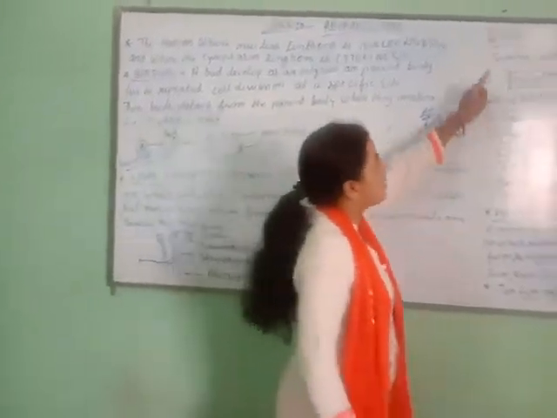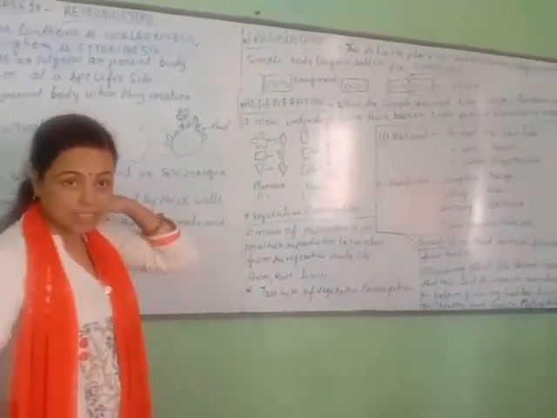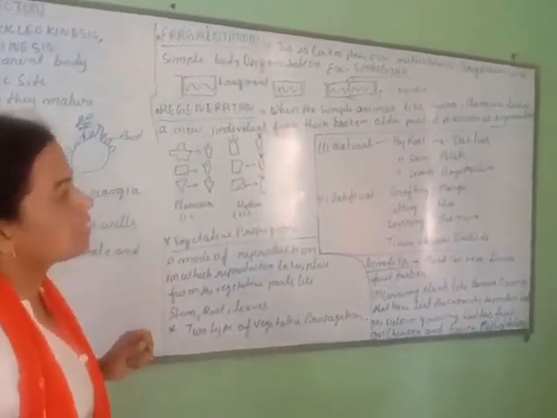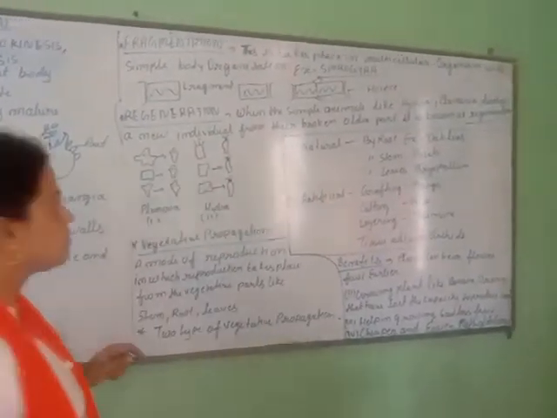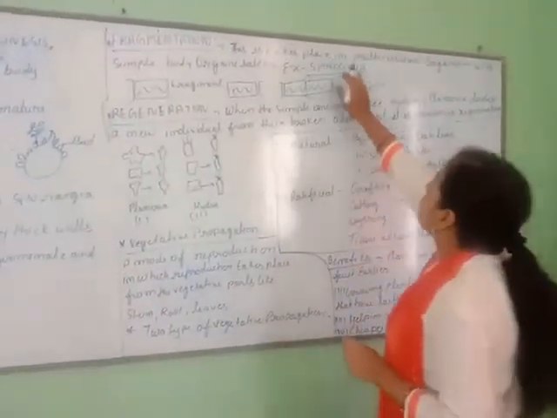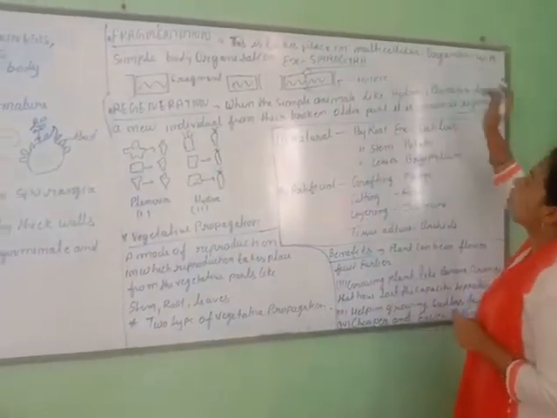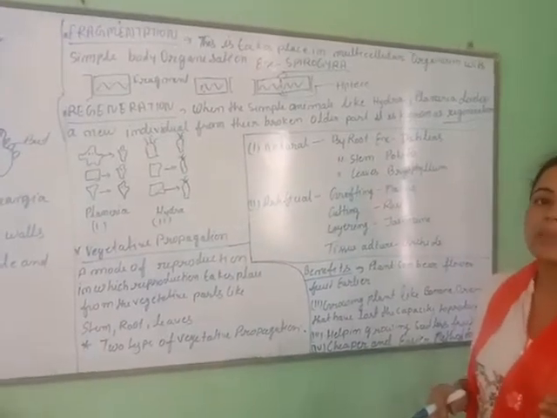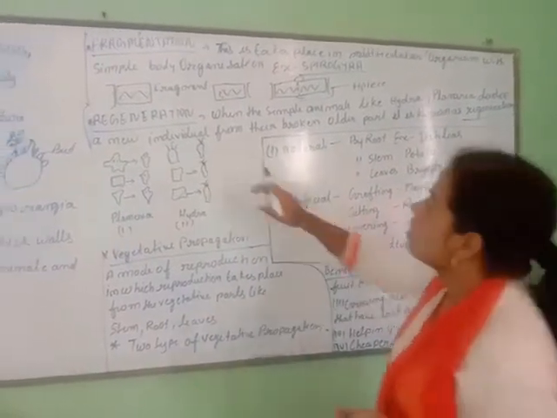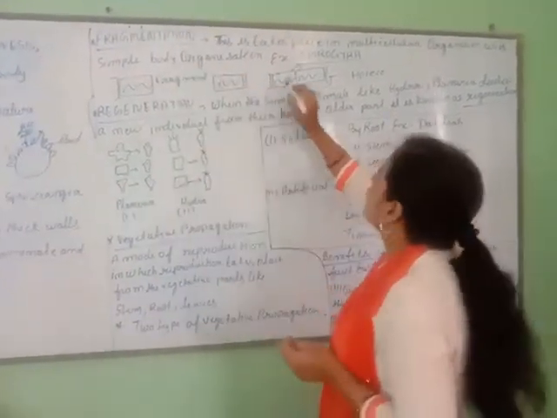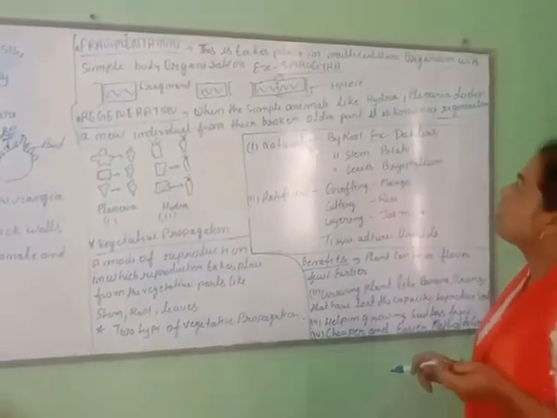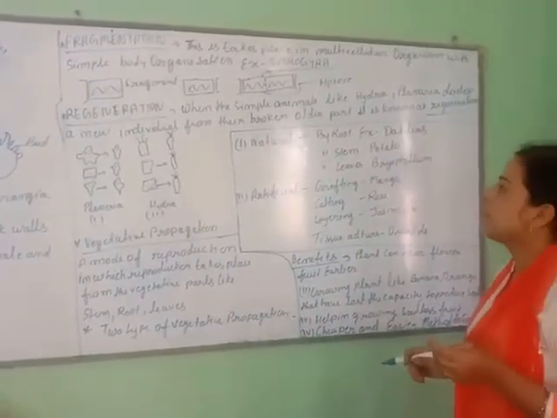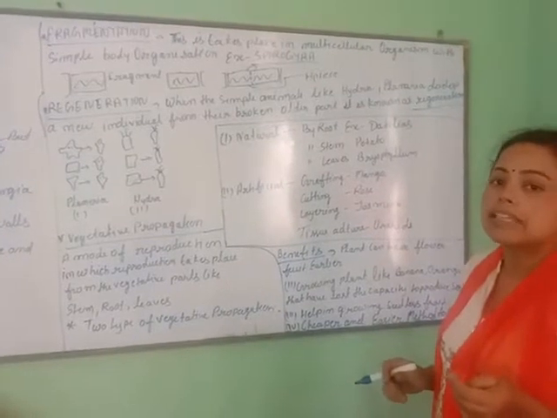Let's see fragmentation. After these two, fragmentation is also part of reproduction. This takes place in multicellular organisms. Multicellular means the number of cells is large. Organisms with simpler body organization, like Spirogyra, are also multicellular.